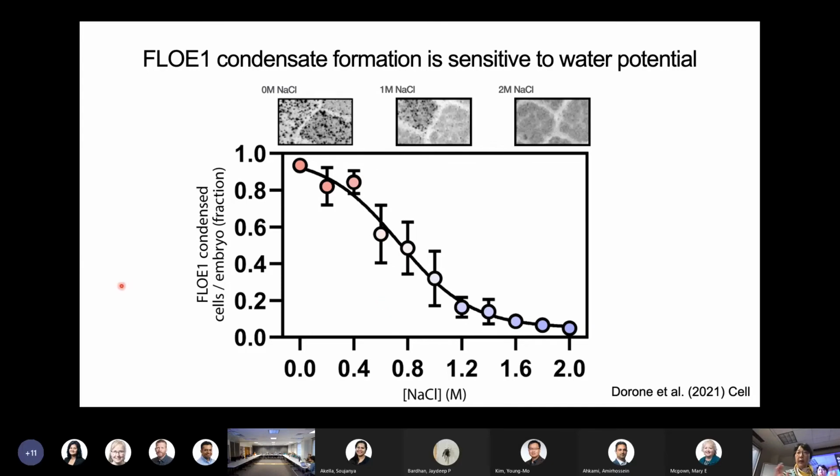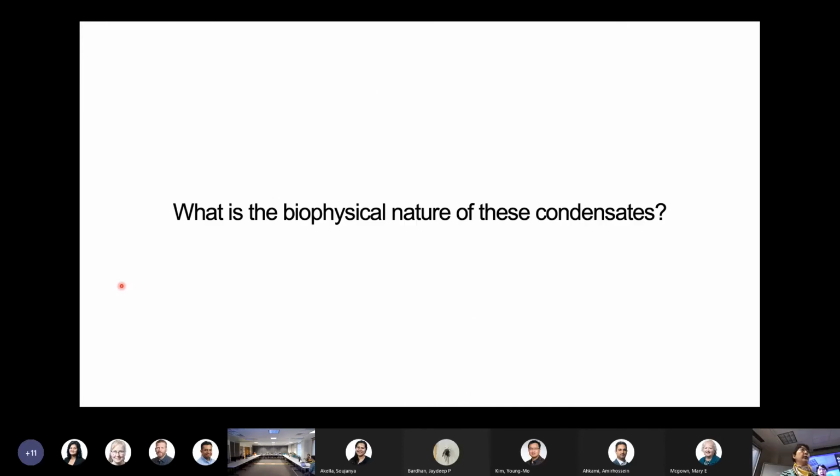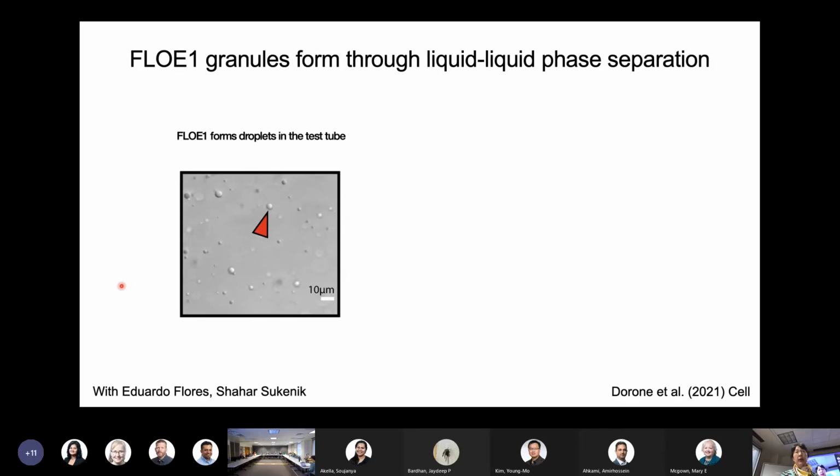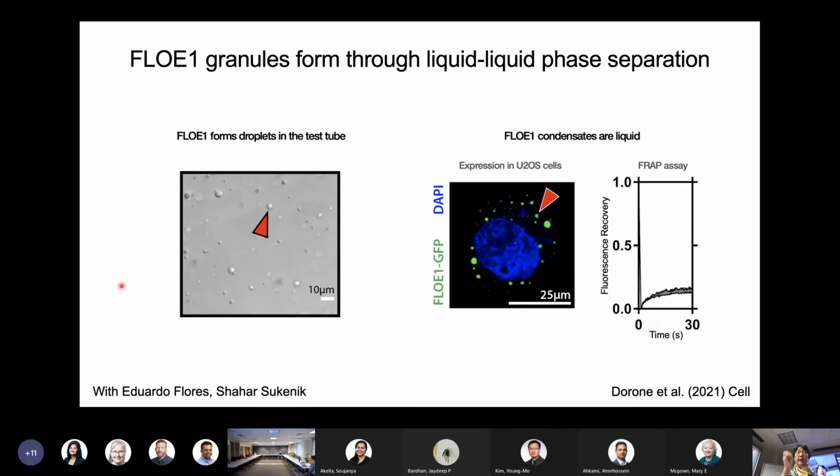So then we found that FLO1 basically forms these liquid droplets in response to increased water potential. And first we asked, what is the biophysical nature of these condensates? What are they? And so we expressed the proteins in vitro, and we can see them as these liquid droplets.